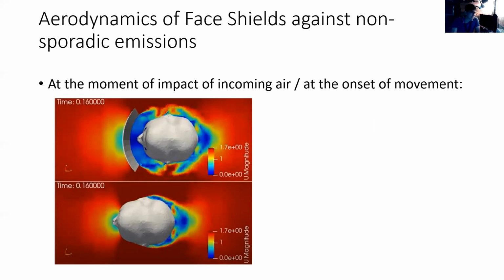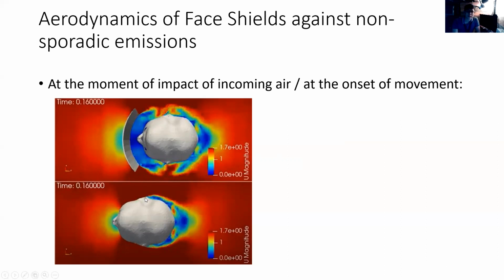There's a negative pressure region situated around this area. Of course, the flow is not yet going towards it, but that's where the flow is subsequently attracted to as time goes on.